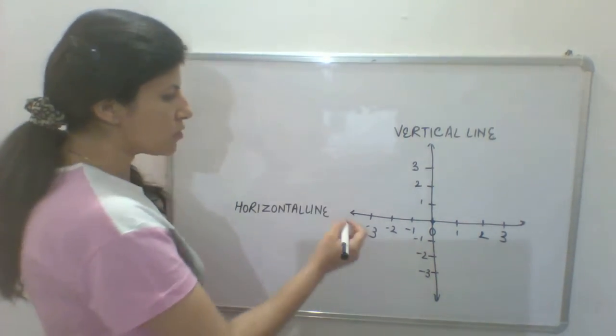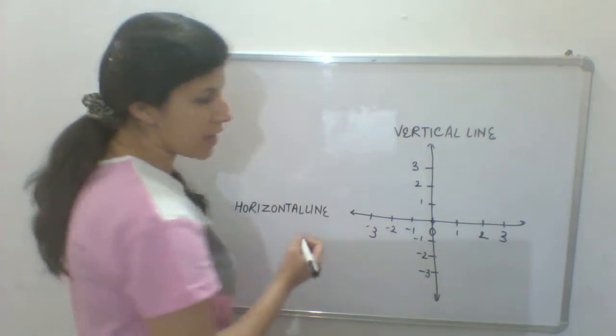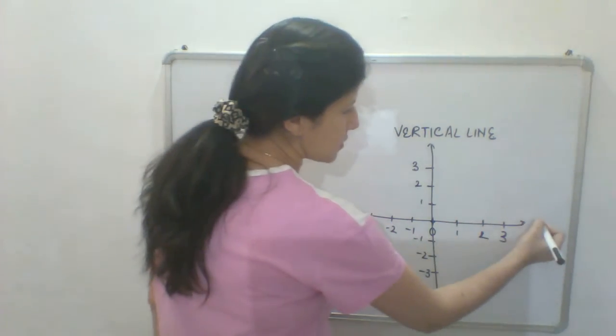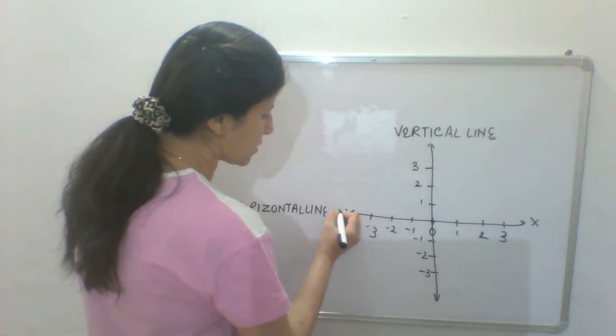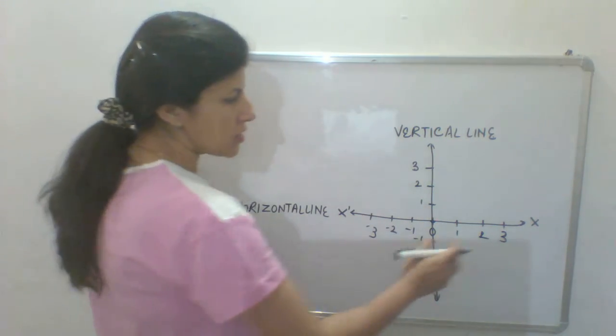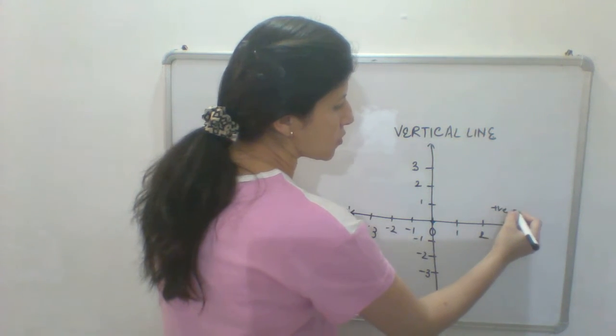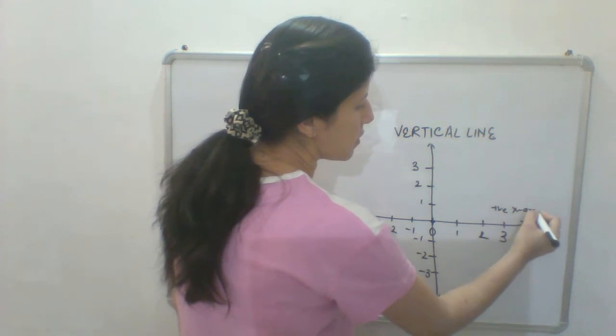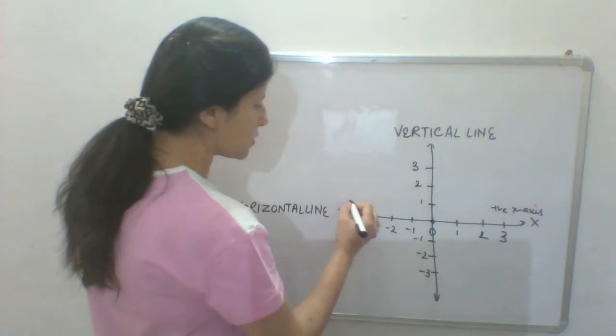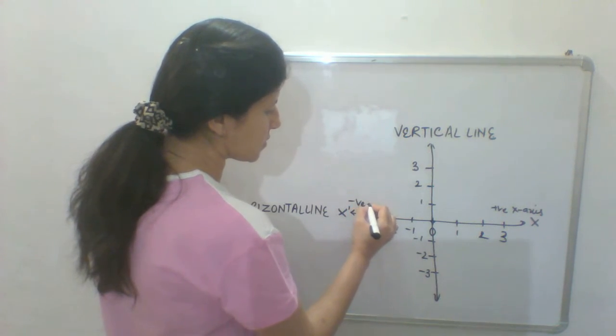Okay students, this horizontal line is called x-axis. This is x, this is x dash, right? This is positive x-axis, this is negative x-axis.